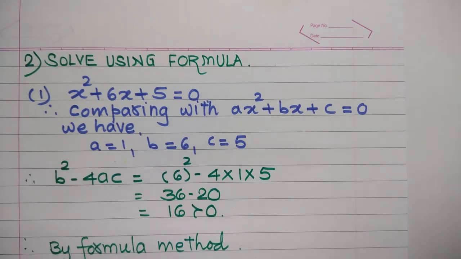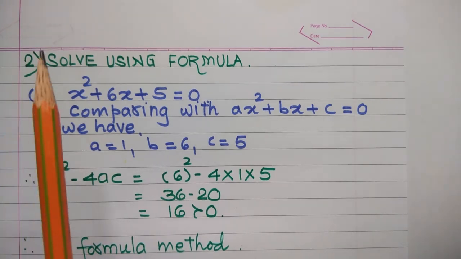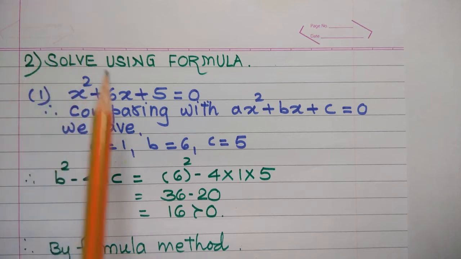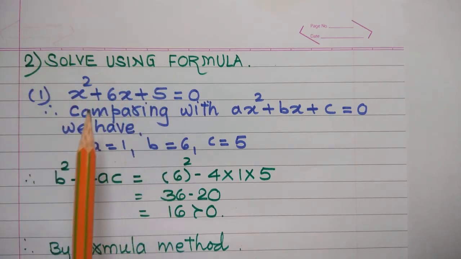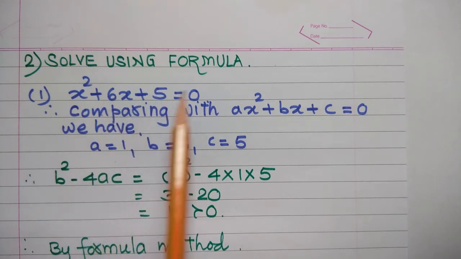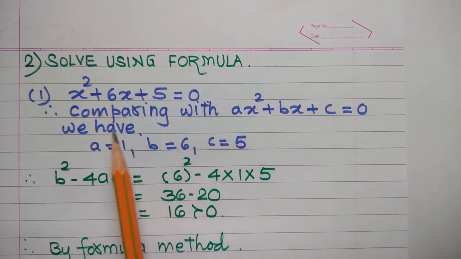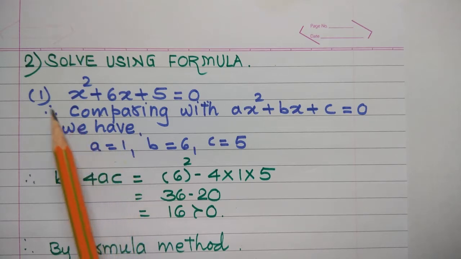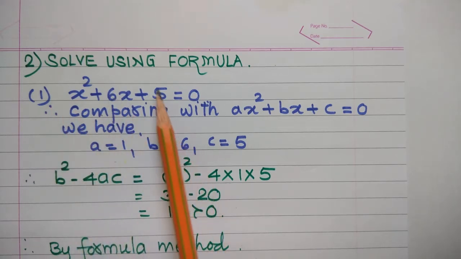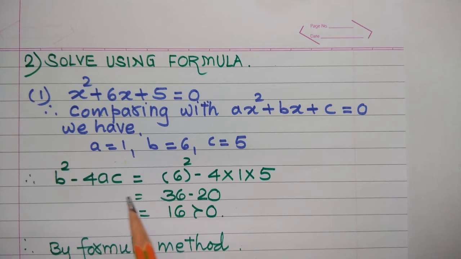Now from this exercise we move towards main example number 2, and it is: solve using the formula. The first example is x square plus 6x plus 5 is equal to 0. Comparing with ax square plus bx plus c is equal to 0, you have a as 1, b as 6 and c is equal to 5.